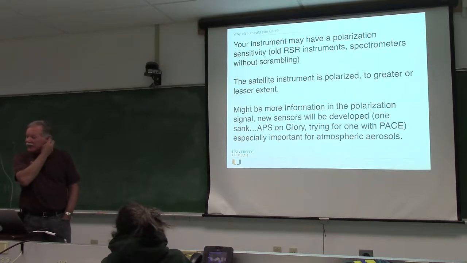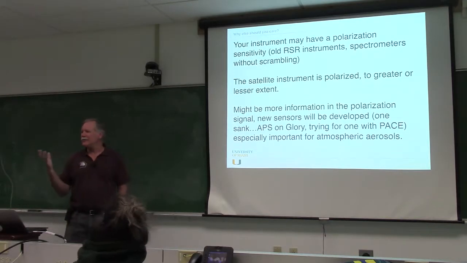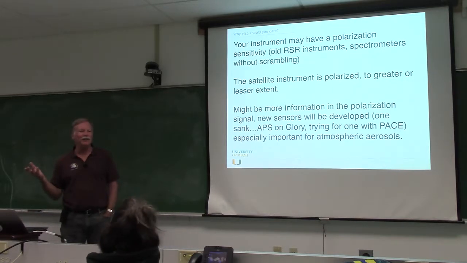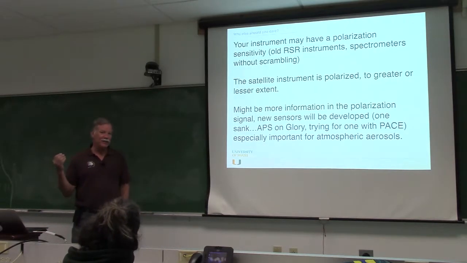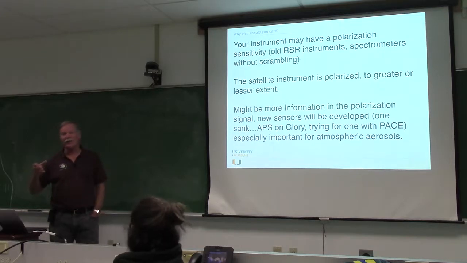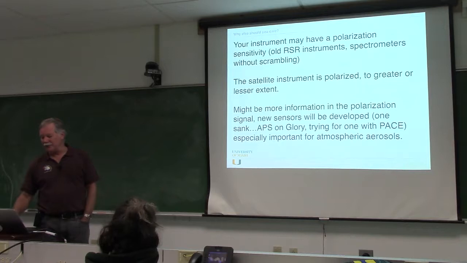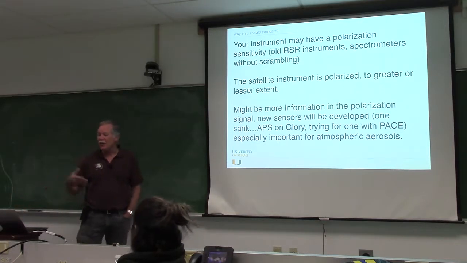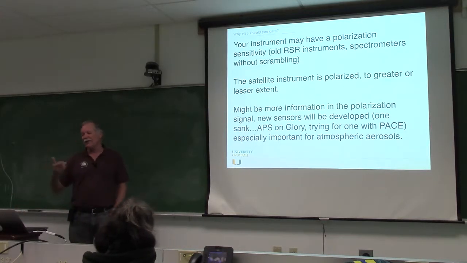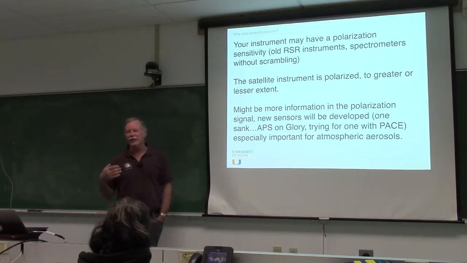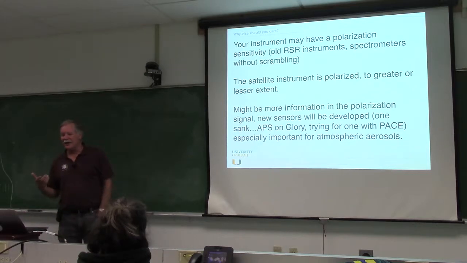You need to make sure that your above water instruments are either not polarization sensitive, or you account for it. SeaBird, I've heard mentioned a bunch of times from people in here, is a French instrument set up to look at polarization. You have to take into account polarization when you're using that instrument. Satellite instruments are polarized to a greater or lesser extent, so you have to take their polarization sensitivity into account when working with their data.